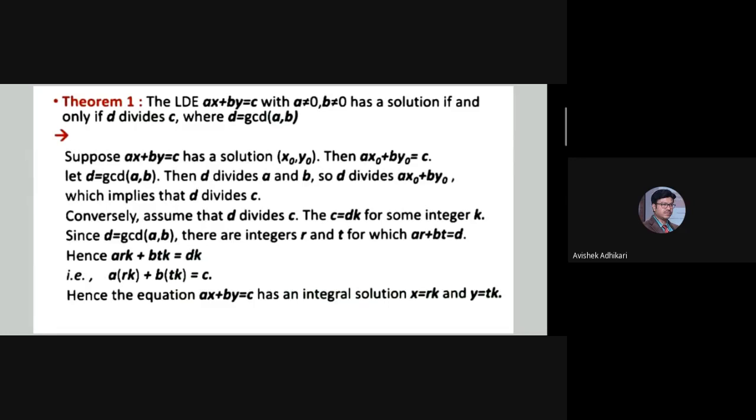So rk and tk are a solution of this equation. Summary: a linear Diophantine equation has a solution if and only if the GCD of the coefficients divides the constant term.